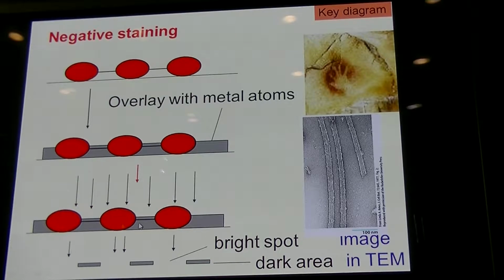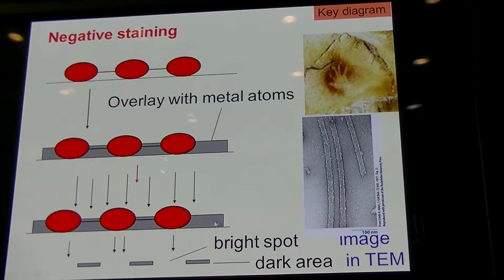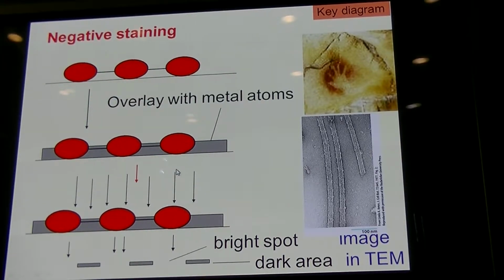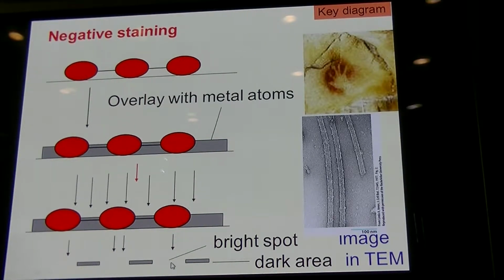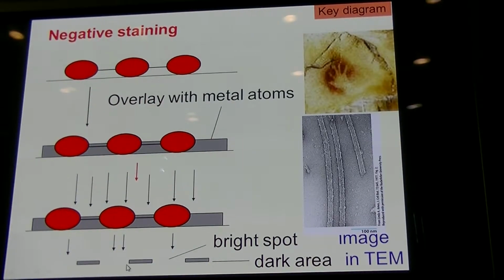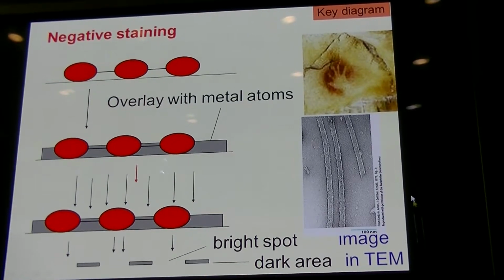So we put that in the electron microscope, and if we put the primary electrons on our specimen, the primary electrons are blocked where the heavy metal salt is accumulating around the organic molecules, but where the organic molecules are themselves, it's more transparent, so you get brighter spots because those electrons pass through. So what you get is bright sections in a dark background. That's a negative stain.